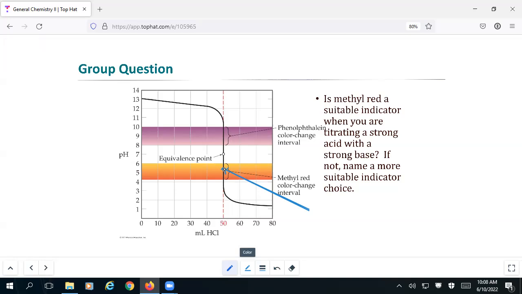From a milliliter standpoint, because again, we wouldn't be using a titration curve here, actually. We would be using just a normal titration, add in the indicator, see what happens.